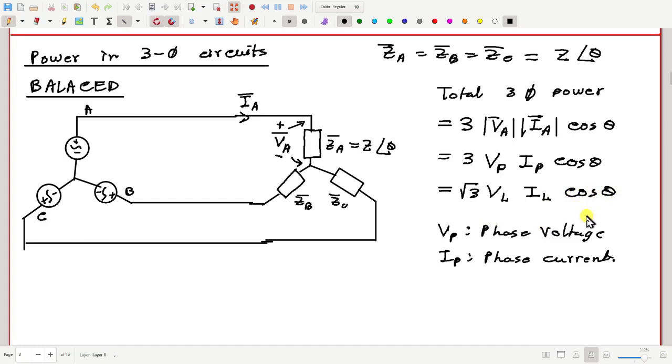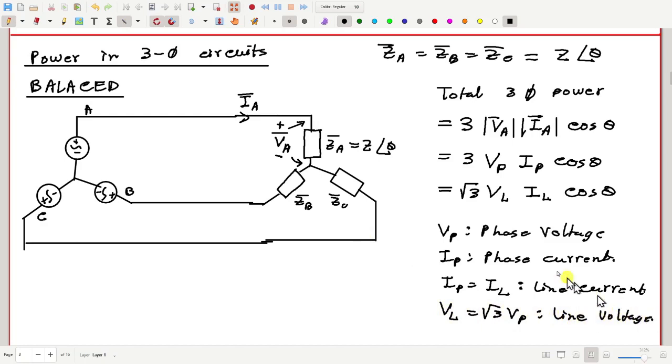Why can we do that? Because IP is equal to IL, that is the line current, and VL is √3 times VP in this case. That is the line voltage, line to line voltage. So we can write it in this way, root 3 times VL IL cos theta.